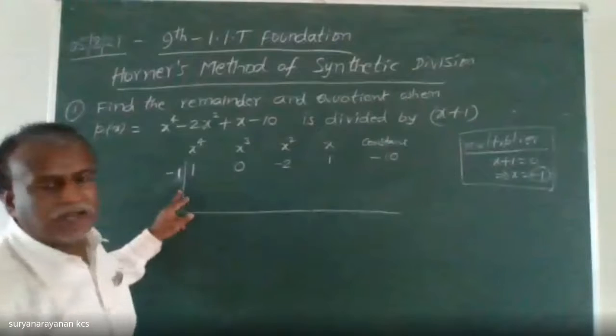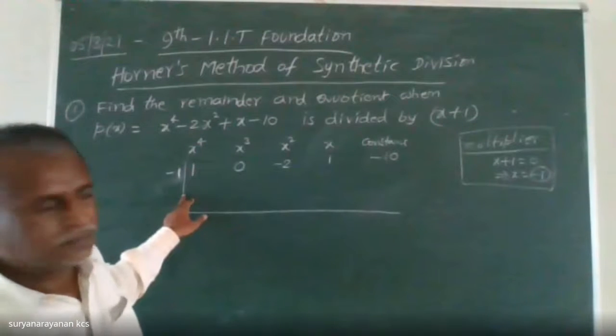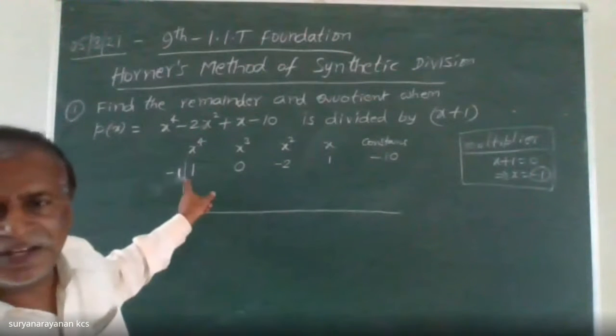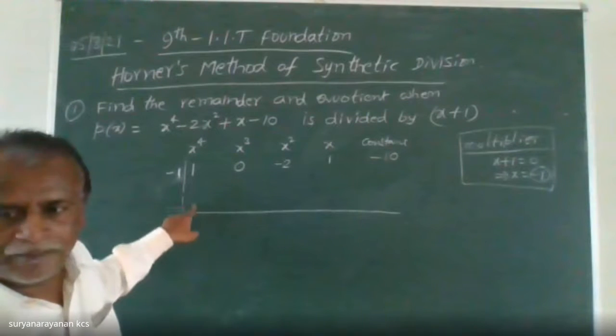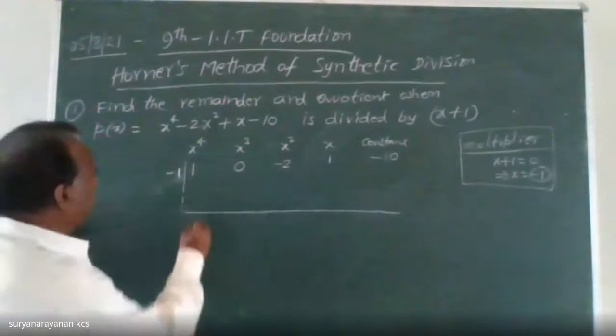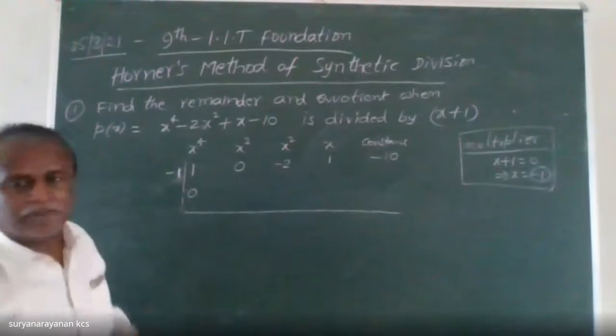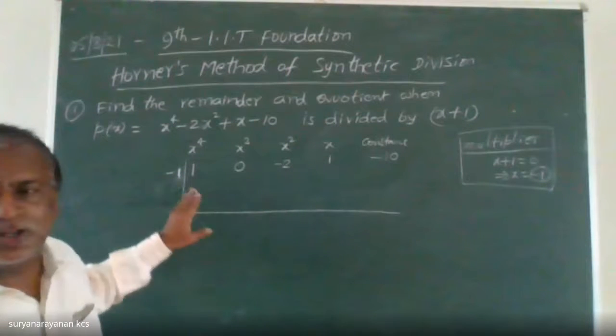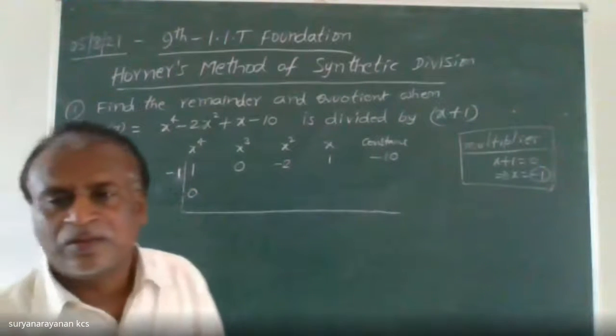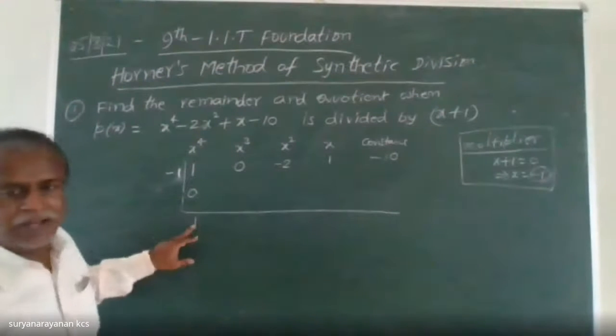We have written the multiplier here. Now, after writing the multiplier, what is the first step here? Just below the first number, we write 0. It is a compulsory step. Then 1 plus 0, what will you get? So 1. We got some number here.